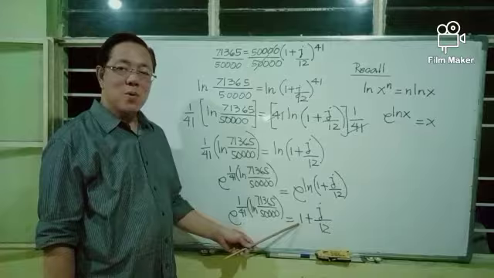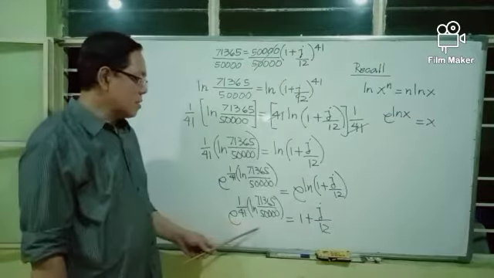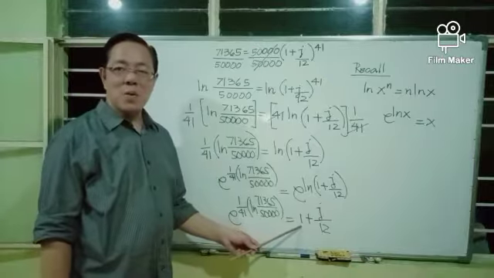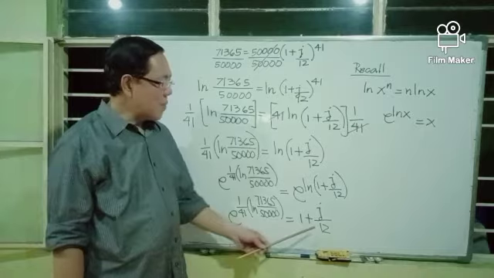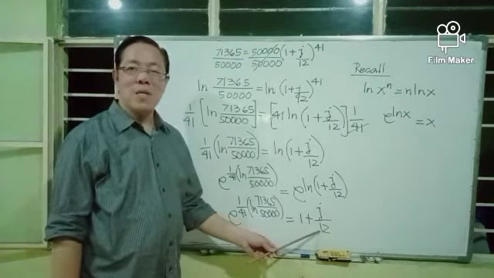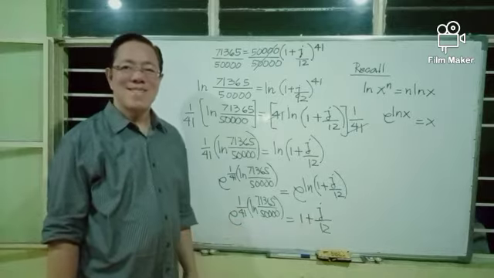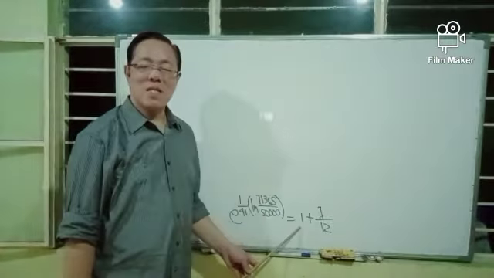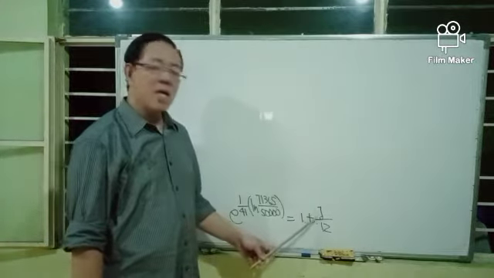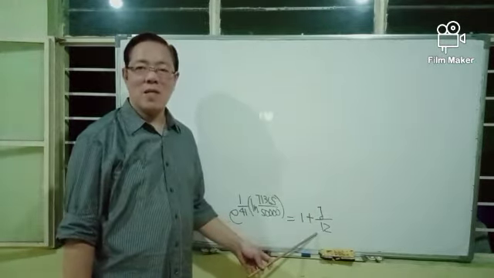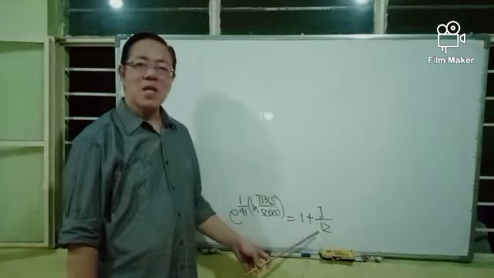Next, we eliminate 1 from the right hand side by subtracting 1 from both sides, or by simply transposing positive 1 to the left hand side, and then multiplying both sides by 12 to eliminate 12 in the denominator of j. If we do that, we would only have j over 12 at this side of the equation.